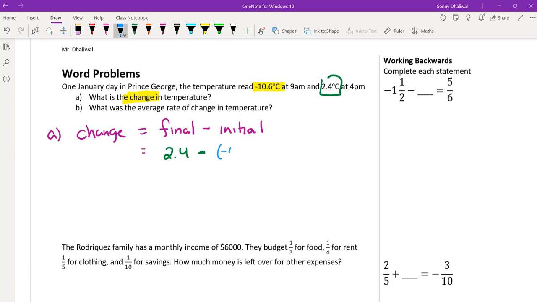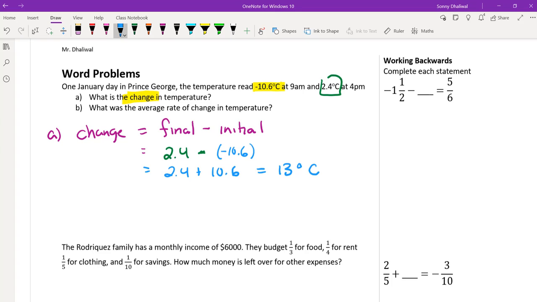So I'm going to put that 10.6 in brackets with the negative there. Okay. So what is our change? 13, yeah. So you remember that two negatives make a positive. That ends up being 13 degrees Celsius. Right? So remember to include units. These values have units attached to them. We're talking about temperature, so that's degrees Celsius.